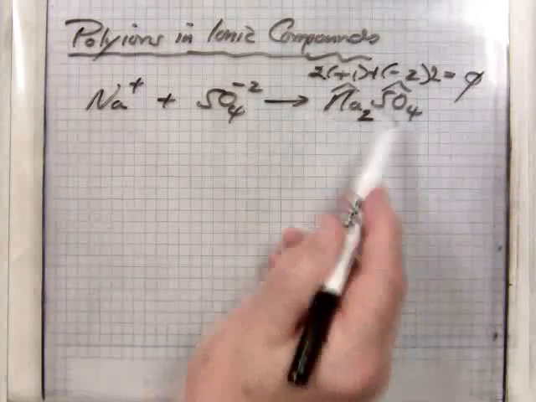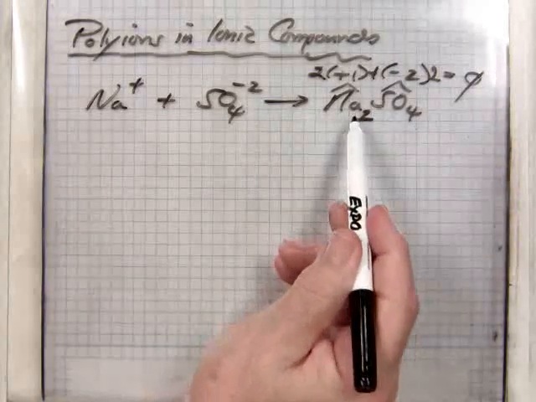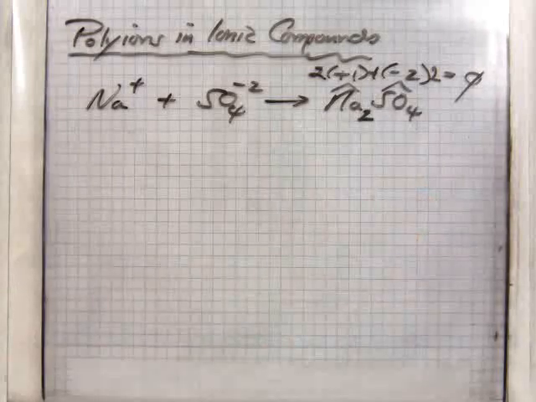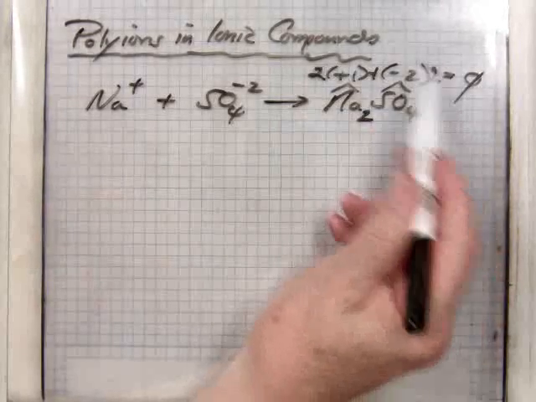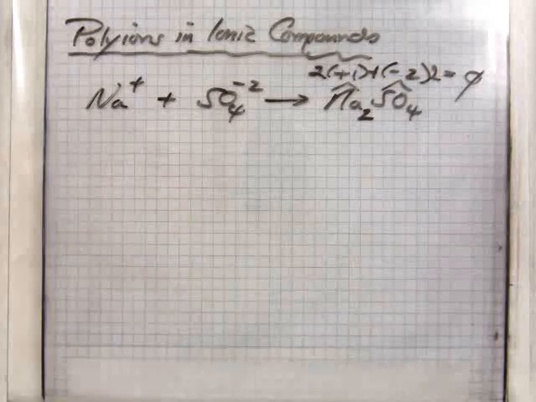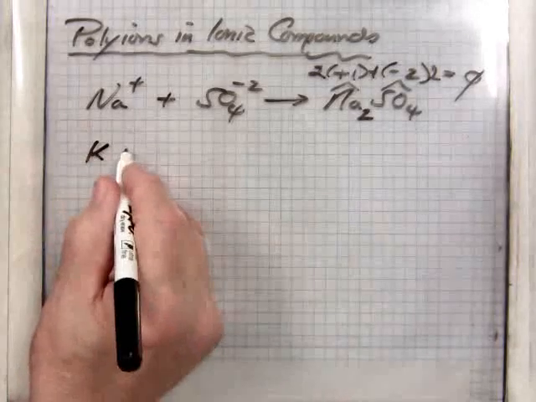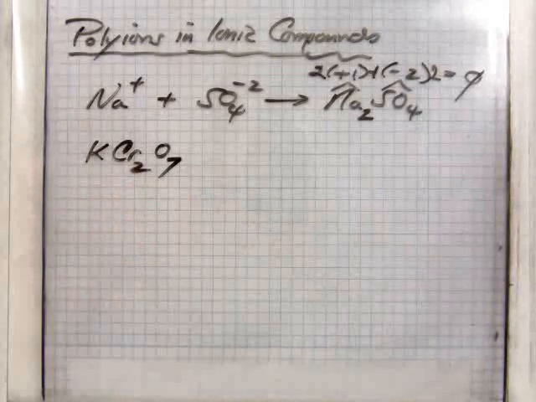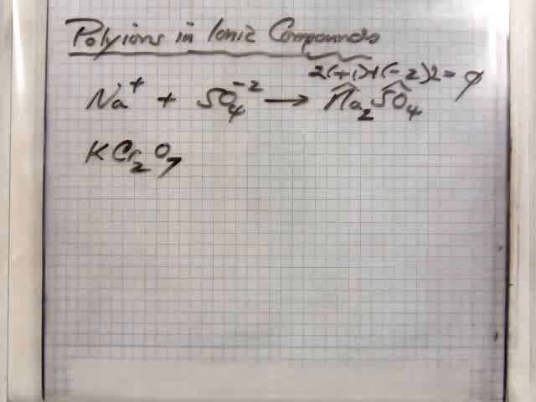Now it's very important that you be able to look at an ionic compound and separate it into its cationic component and anionic component. How about something like this? Potassium Cr2O7. That's potassium dichromate.